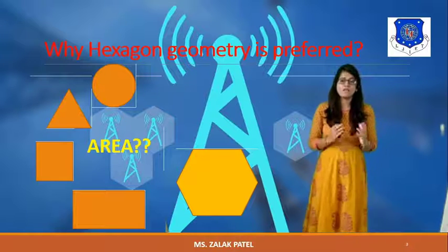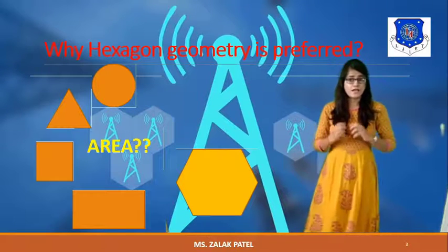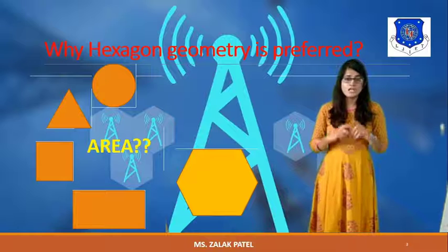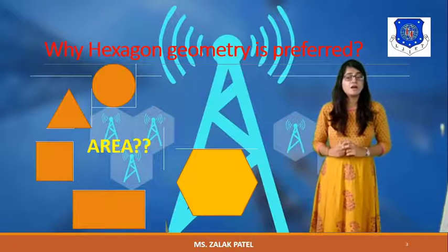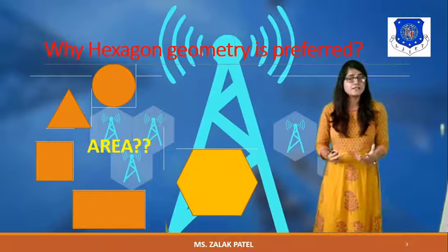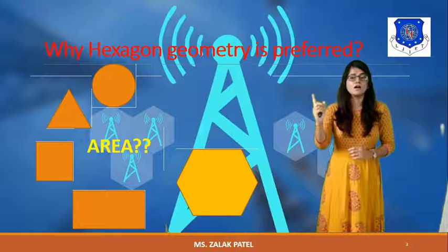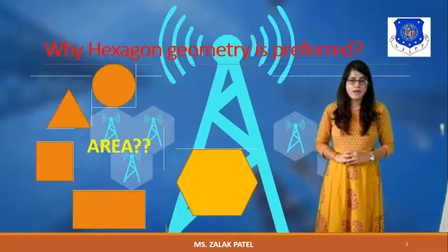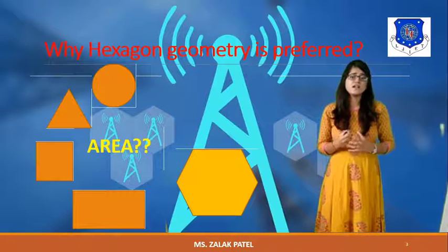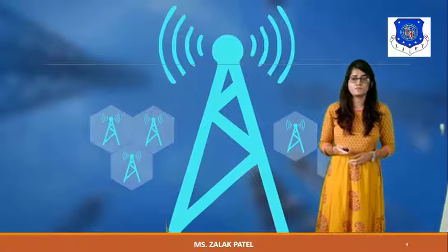Even the hexagon's radiation pattern is more directional compared to the other shapes' radiation patterns, and we can use a directional antenna to cover the complete area by itself. So that's why hexagon geometry is generally preferred.